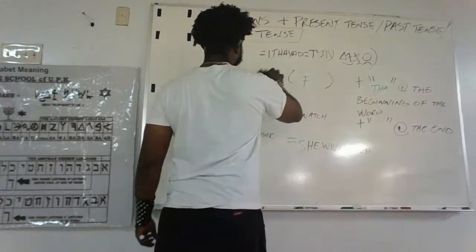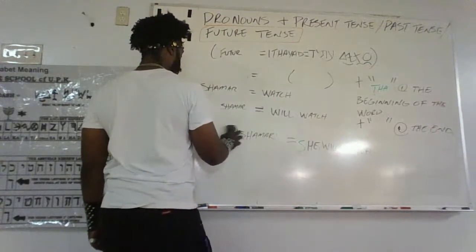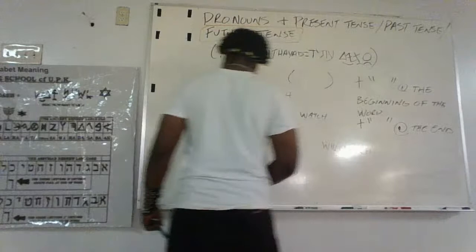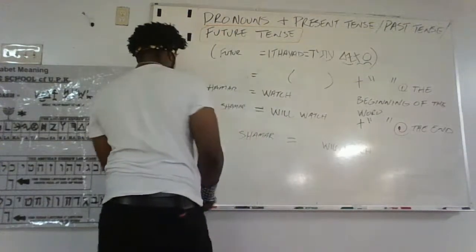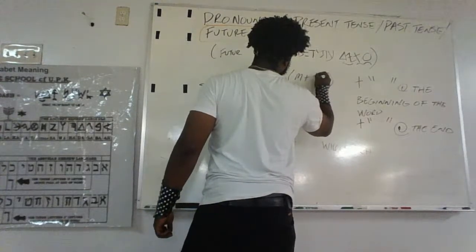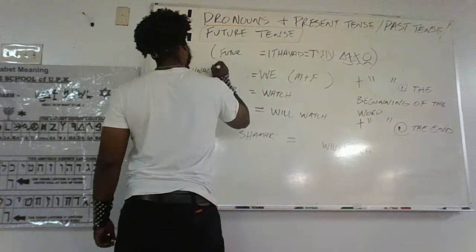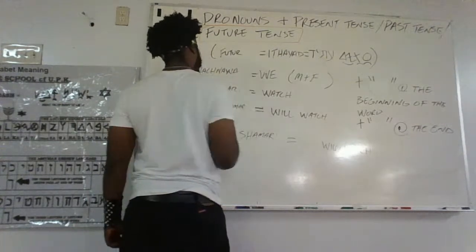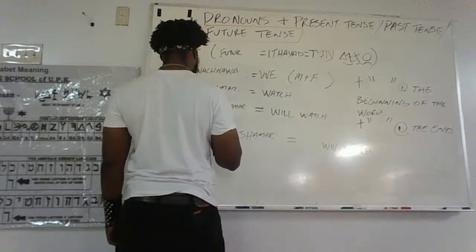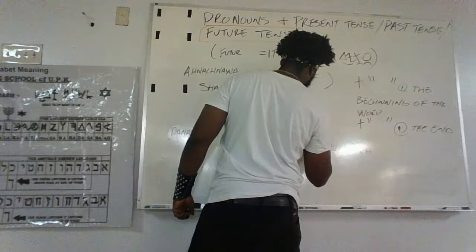Okay. Now we're gonna deal with we. This is for masculine or feminine. Dealing with we, anachnu, right?